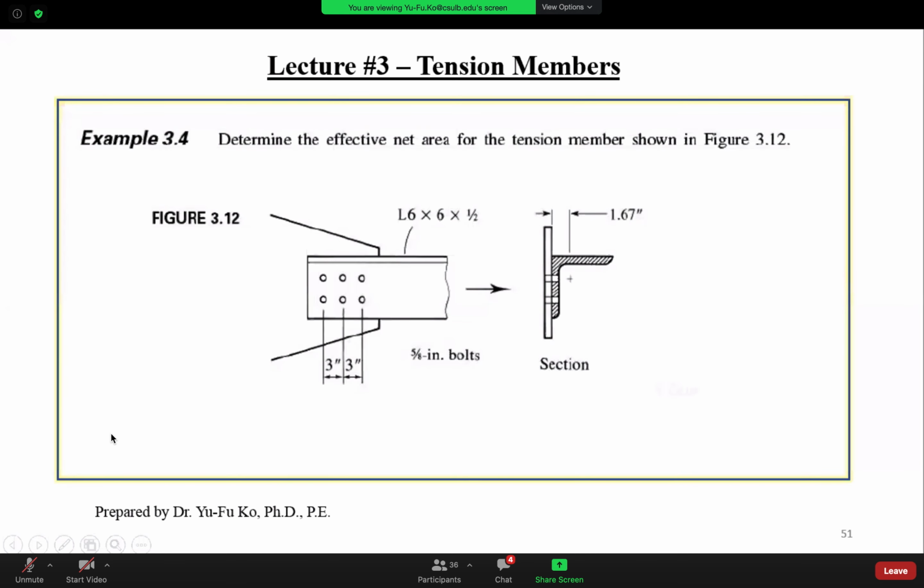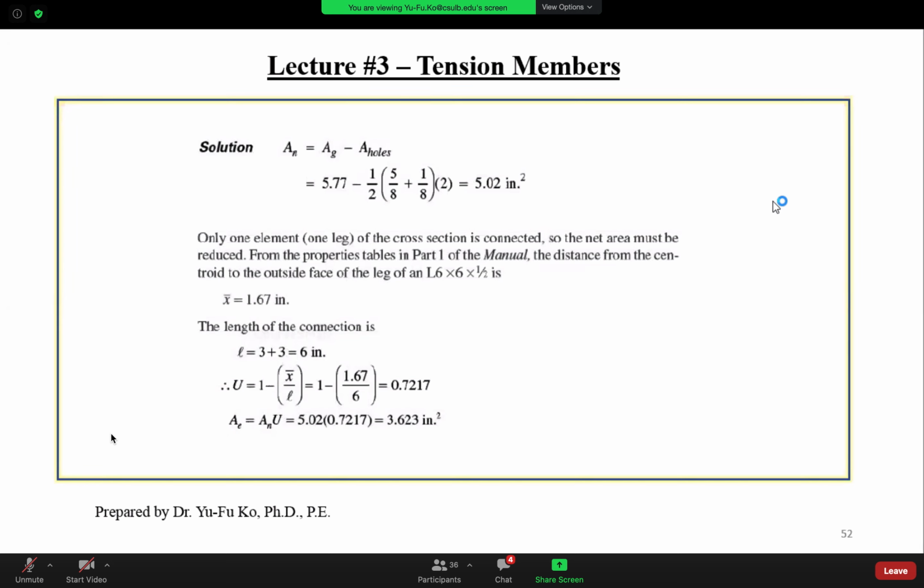So with that being said, let's calculate the A net, and which is AG. Can you guys get the number AG from the manual as well? Can you find 5.77? Yes.